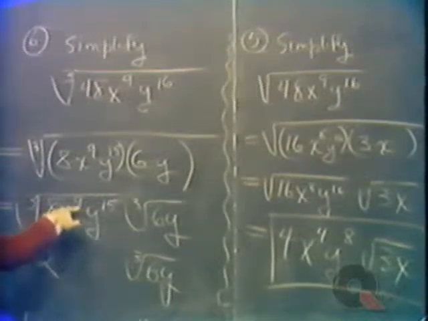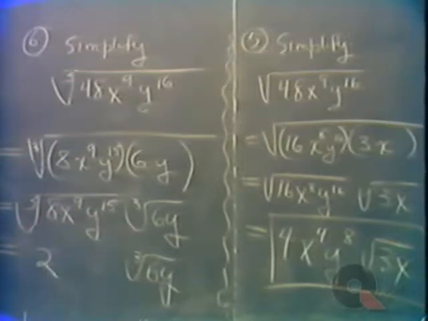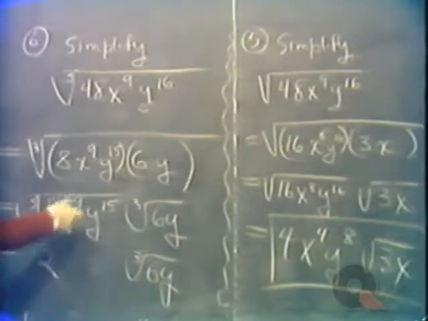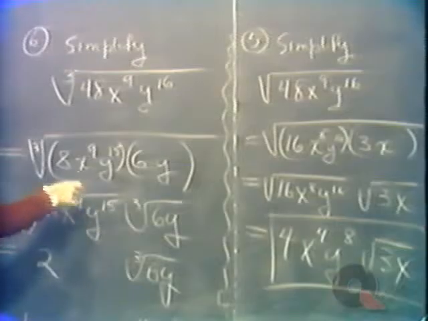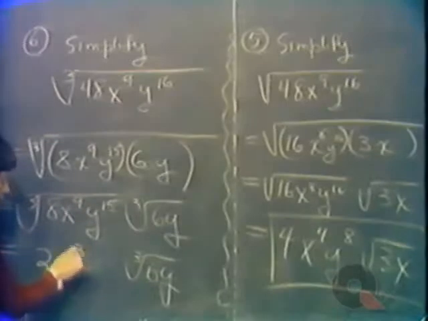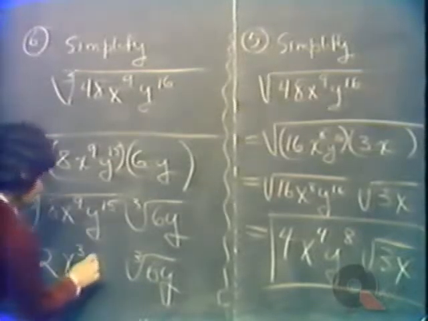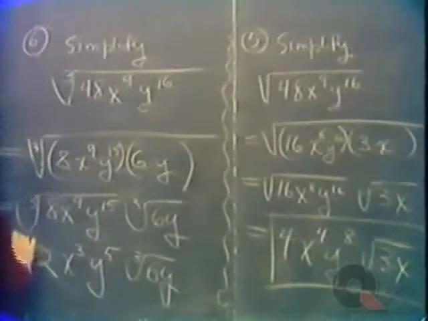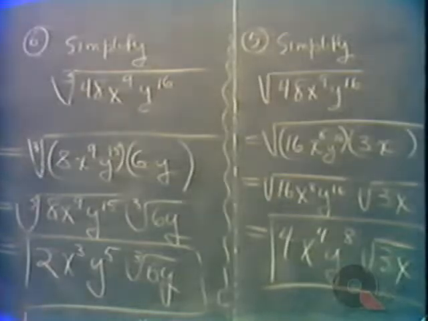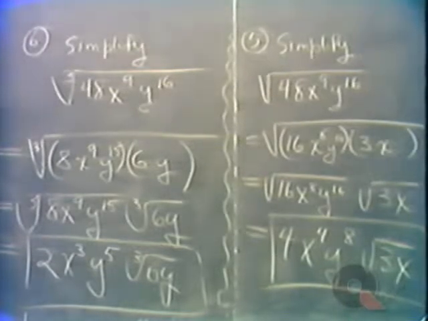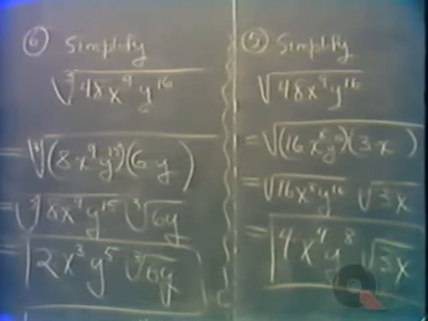And now we take a third of these powers, because taking the cube root is like taking something to the 1/3 power. So it's x to the 9th to the 1/3 power, which is x cubed. And y to the 15th to the 1/3 power is y to the 5th. So we have a final answer here of 2x cubed, y to the 5th, times the cube root of 6y.